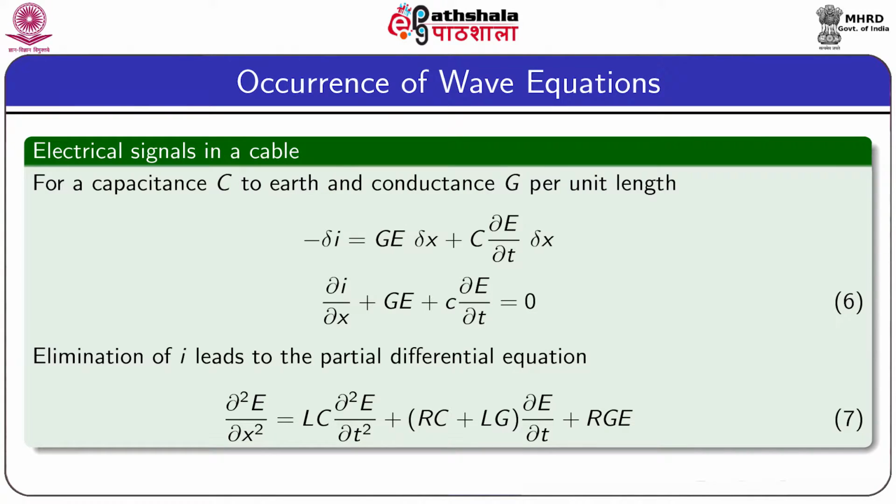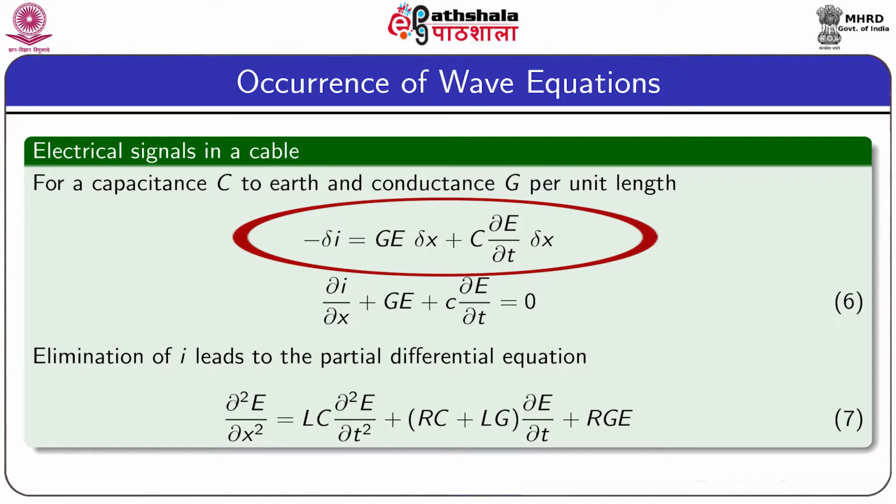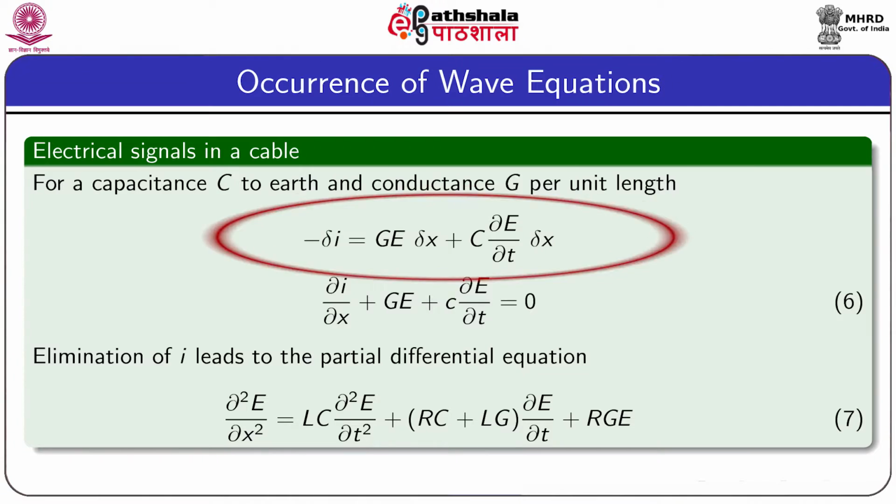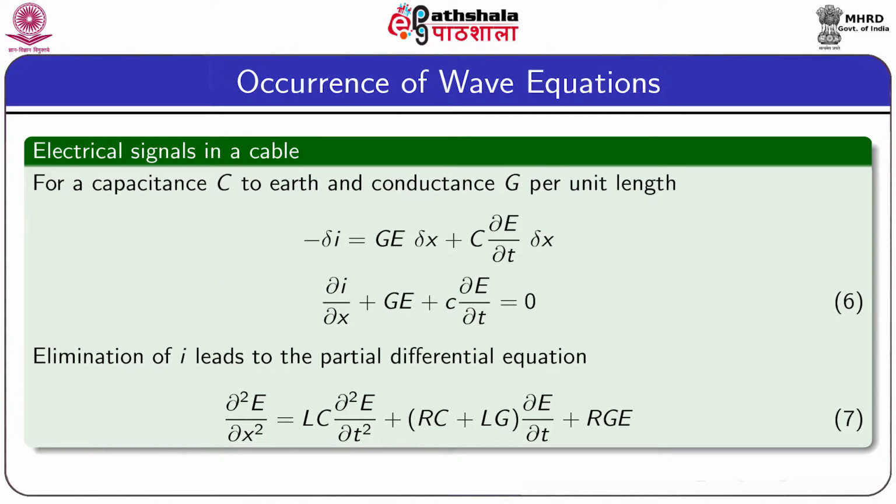Again, for a capacitance C to earth and conductance capital G per unit length, we have the equation minus del I equals G E into del x plus C into del E del t del x.